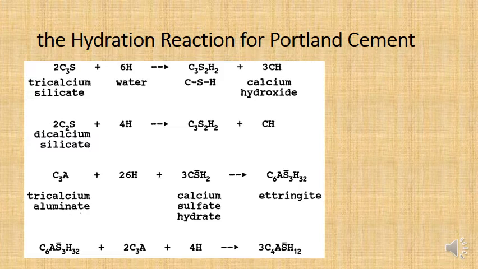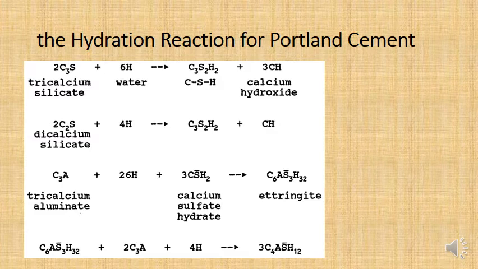And that's why if you make some concrete, it will be much stronger if it's 6 months old than if it's 1 week old. It actually gets stronger with age. So that's called hardening. Hardening is not a case of it going from being liquid or a sludge to solid. It's a case of it going from being a weak solid after it's dried to becoming a strong solid, because these reactions keep on happening.